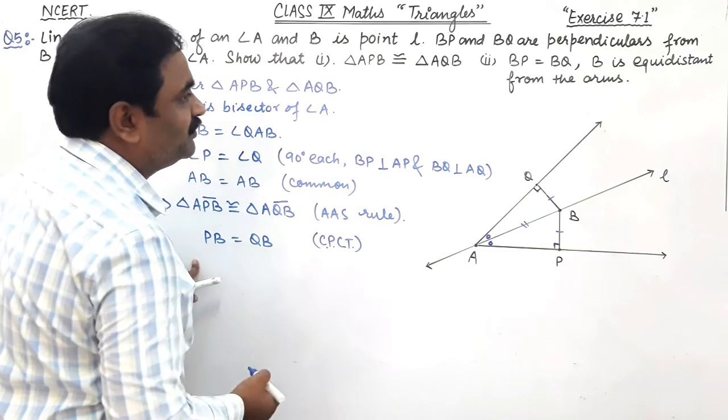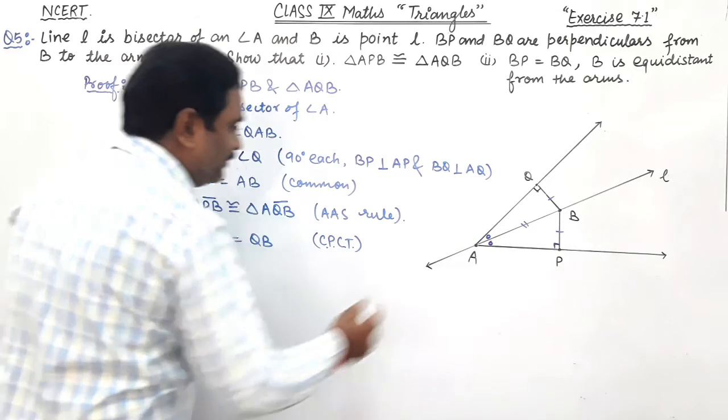B is equidistant from the lines AQ and AP.